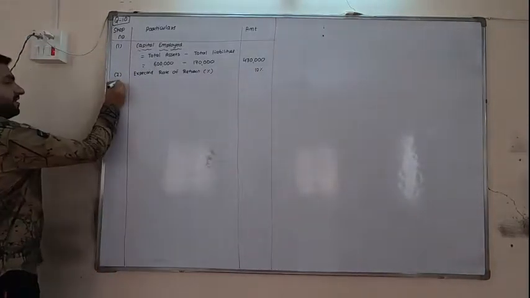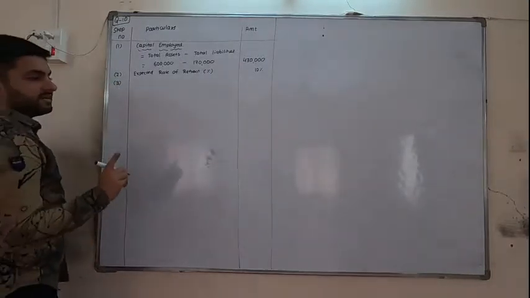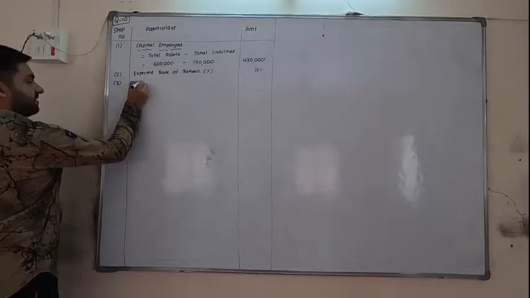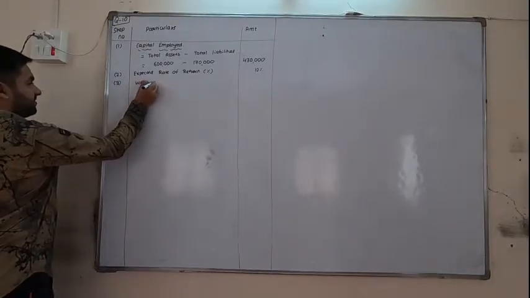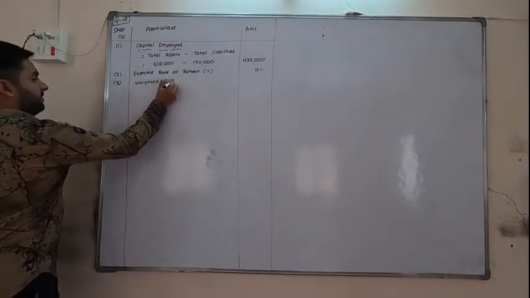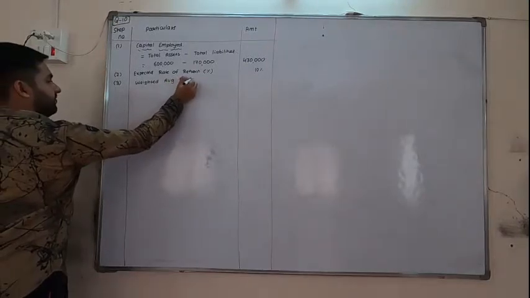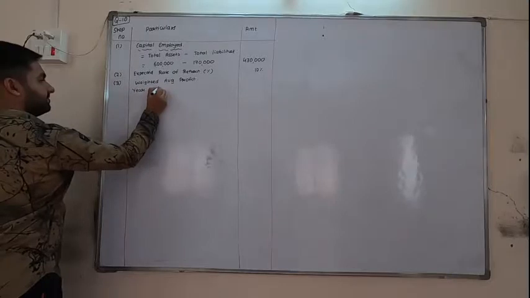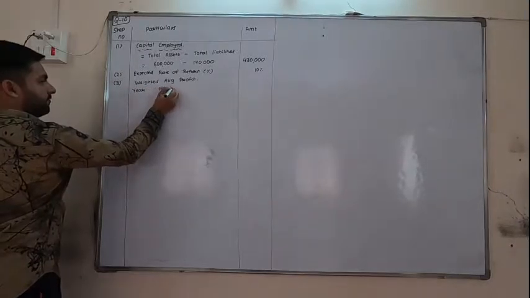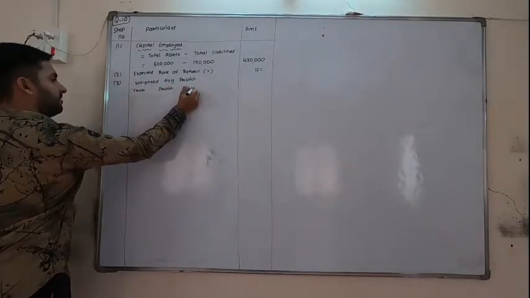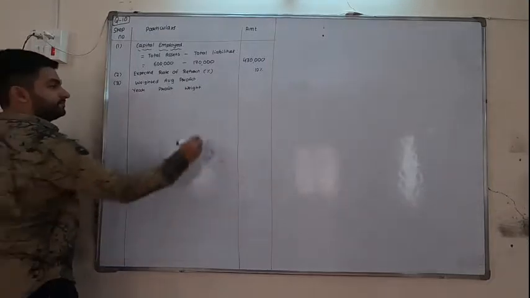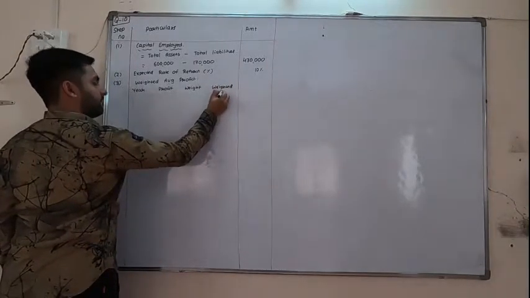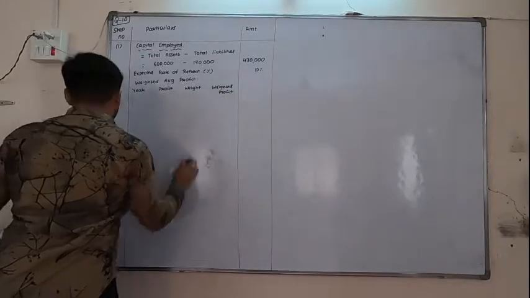Third step, average or weighted average. Don't write expected, because it is normal profit capitalization. Here it is clearly mentioned in the question itself. So for weighted average profit, we need the columns: profit, weight, weighted profit.